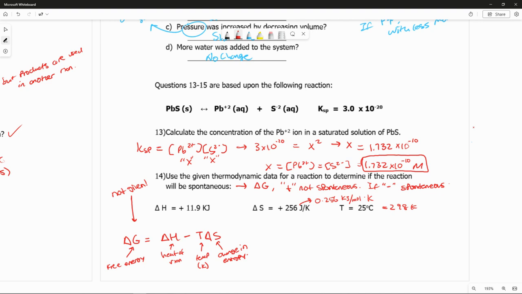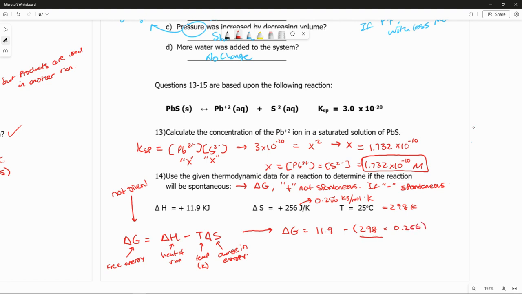With this, now we can solve. All we're going to do is plug in for delta G. Delta G equals delta H, which is 11.9 kilojoules, minus 298 times 0.256.